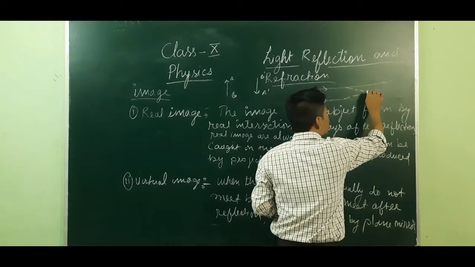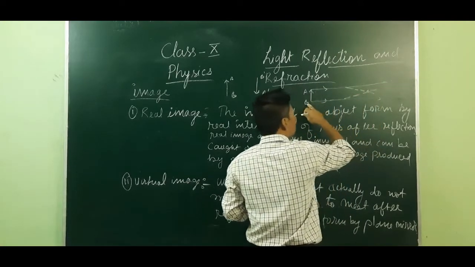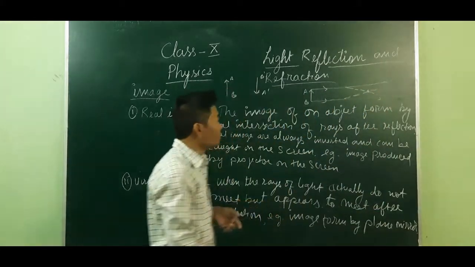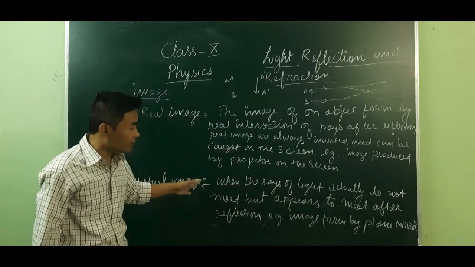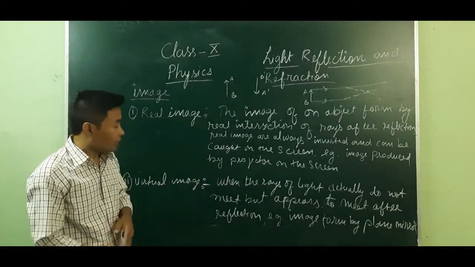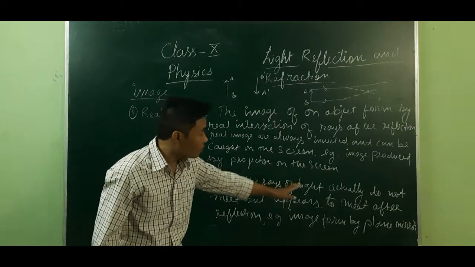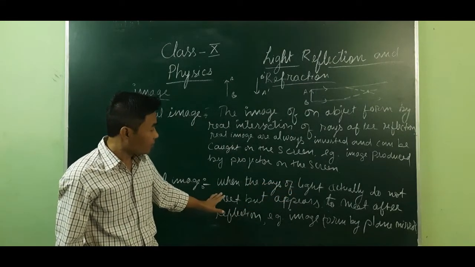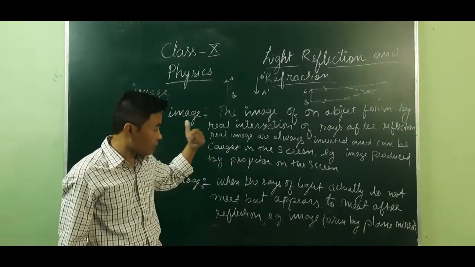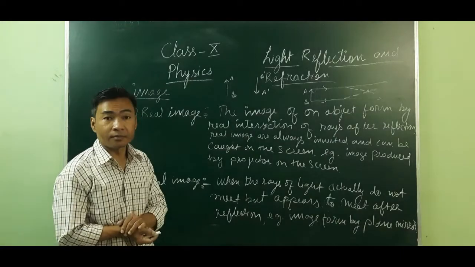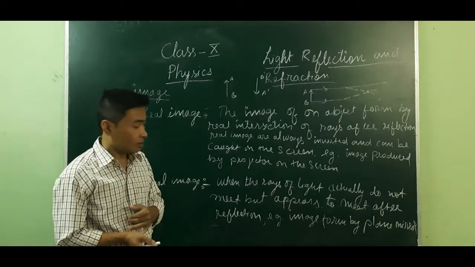And at this point of intersection, the image of this object is formed. So this type of image is formed by intersecting the imaginary lines. According to the definition, when the rays of light do not meet but appear to us to meet after reflection, this type of image is known as the virtual image.